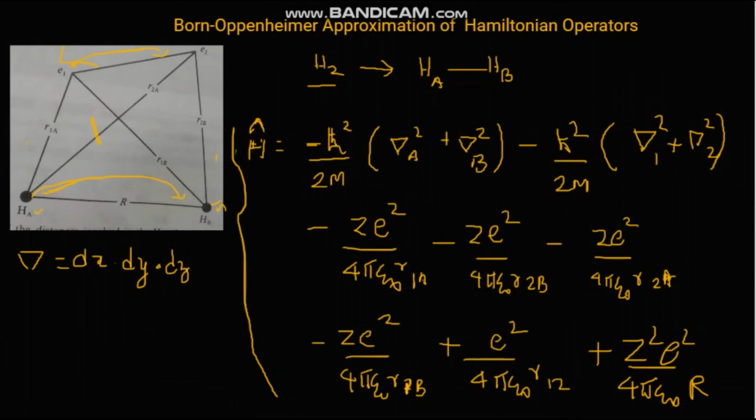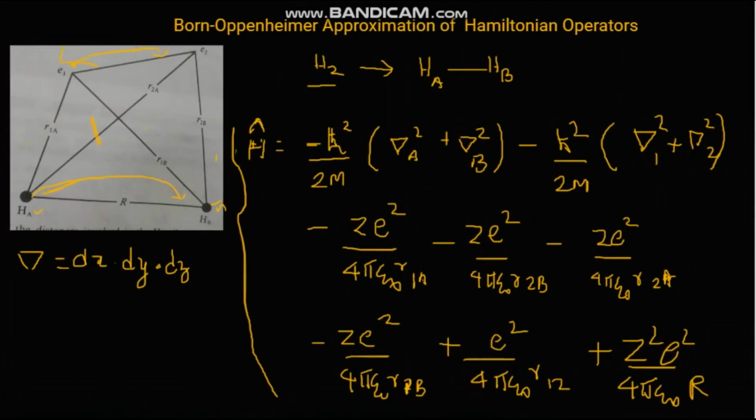Now here comes the Born-Oppenheimer approximation. This is very difficult to solve, and that's why in atomic units this can be further simplified in this way. H cap equals minus half nabla 1 square plus nabla 2 square.